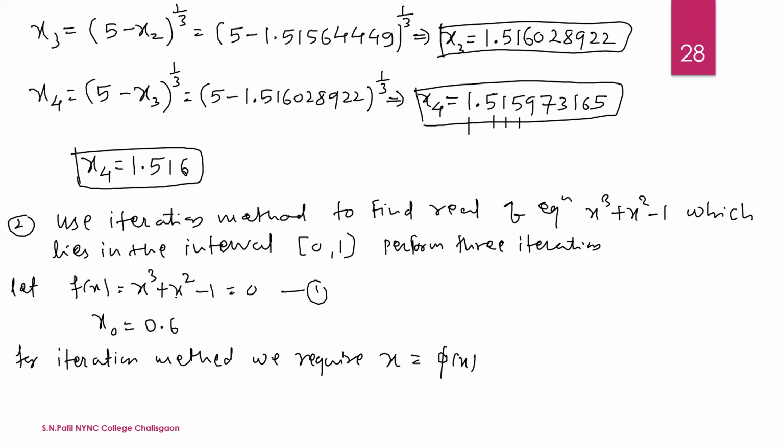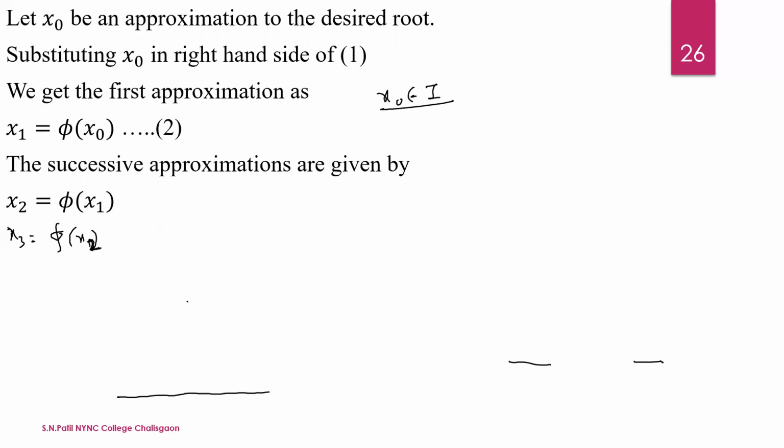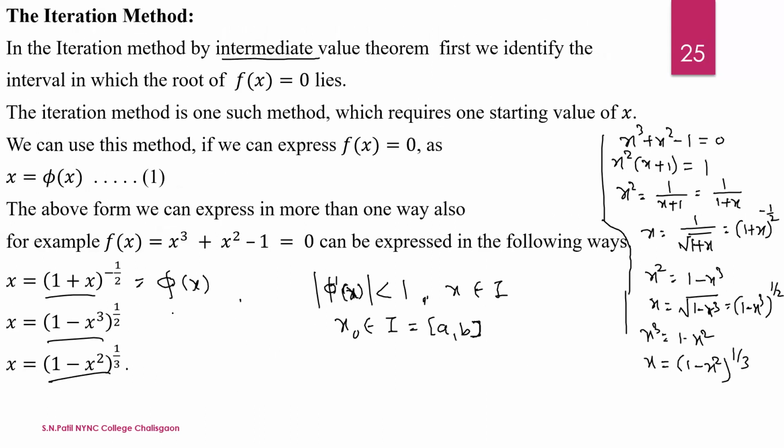Now in the initial stage of the video, we already discussed the same equation x cube plus x square minus 1. So here we get three equations for x is equal to. Let us see. x is equal to (1 plus x) raised to minus 1 by 2. x is equal to (1 minus x cube) raised to 1 by 2. x is equal to (1 minus x square) raised to 1 by 3.